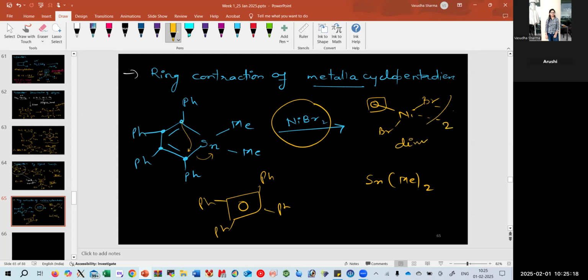Whatever the stable possibility is, formation of a stable product, it would ultimately end up forming that. Therefore, here we saw that a 5-membered ring is contracting to make a 4-membered ring. That's why it's called ring contraction. And the side product is SnMe2. And when the ligand has been released, it would react with your nickel, forming a dimeric structure.